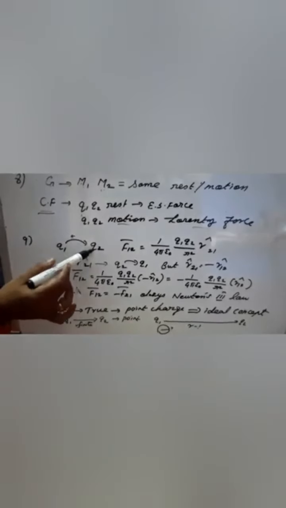The next point: the force exerted by charge Q1 on Q2. Therefore, the force F12 is equal to 1 by 4 pi epsilon naught Q1 Q2 by r square into r21 cap. Here r21 cap is a unit vector from charge Q2 to Q1. But r21 cap equals minus r12 cap, so instead of r21 cap, we write minus r12 cap.